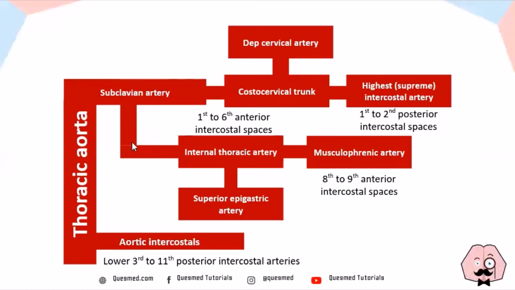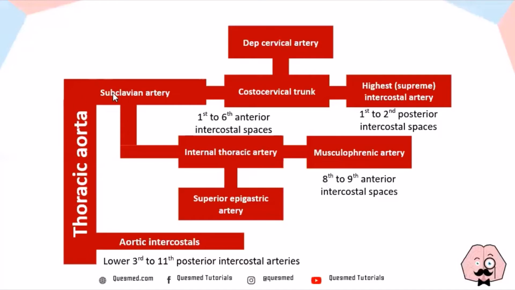Your subclavian artery also gives off your internal thoracic artery, which goes anteriorly. It goes behind your sternum, inside your thoracic cage, and then it gives off your 1st to 7th, this should say, anterior intercostal arteries, and then it is a continuation or an anastomosis with the musculophrenic artery, which then gives off the 8th and 9th anterior intercostal spaces.